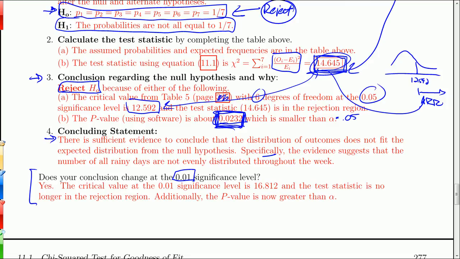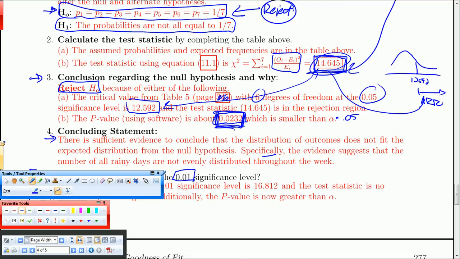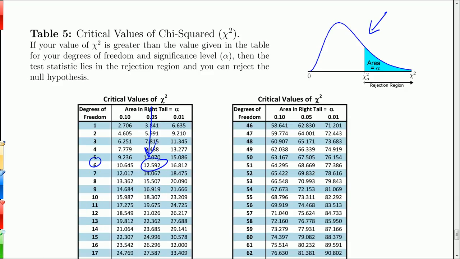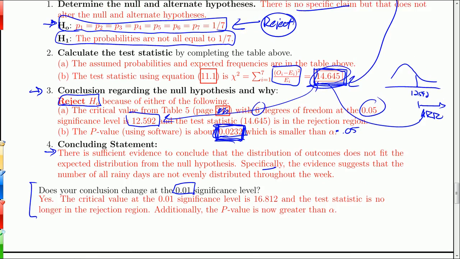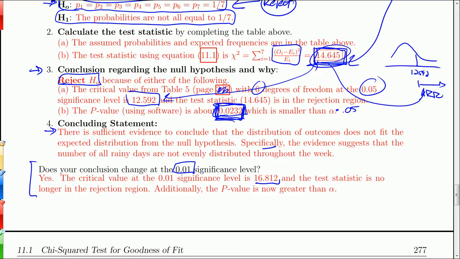But if you look at the critical value at the 0.01 significance level, we're no longer here. We are here, and the critical value is 16.812. And what that means, 16.812 is now the critical value, which means my rejection region now starts at 16.812.